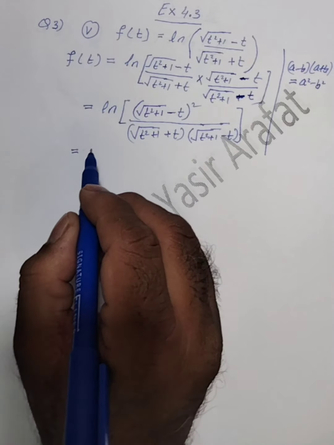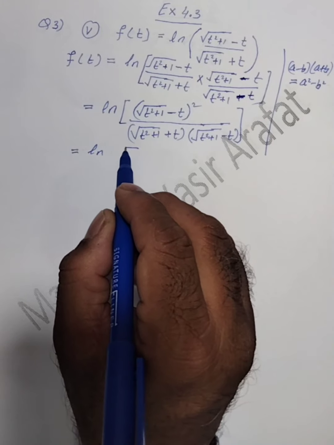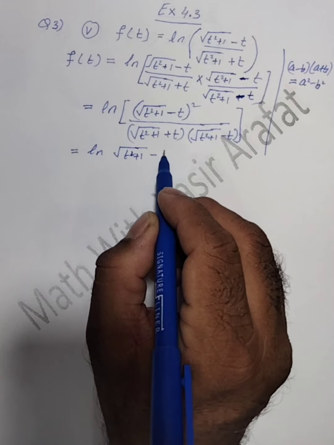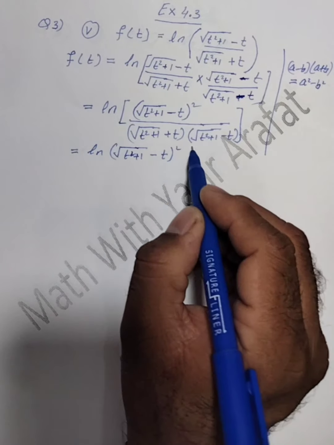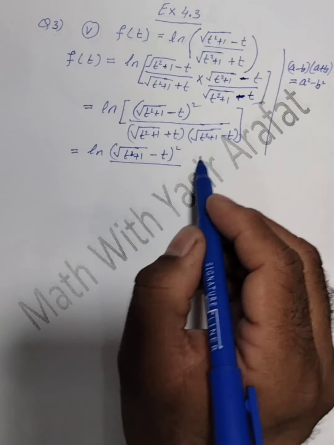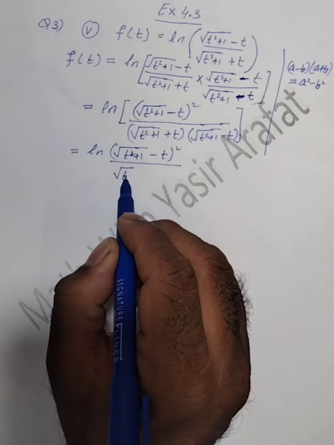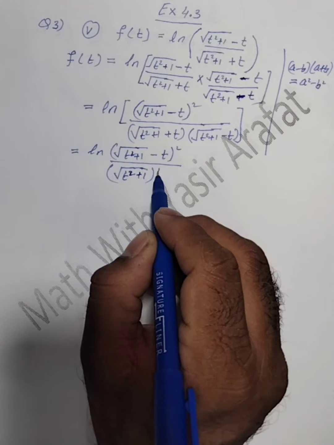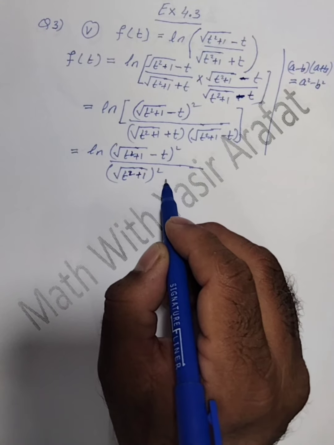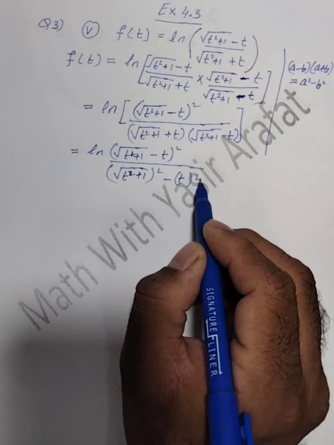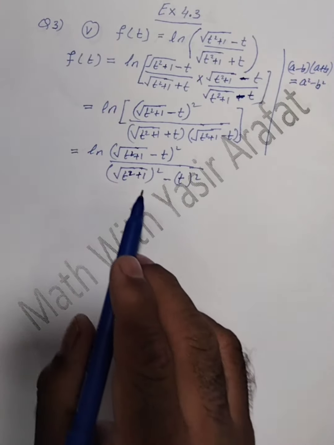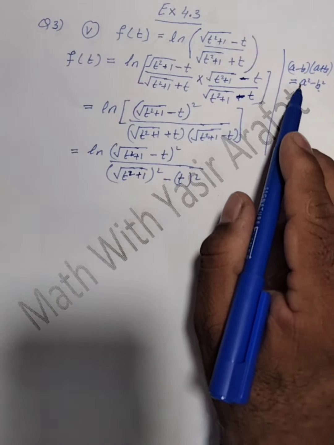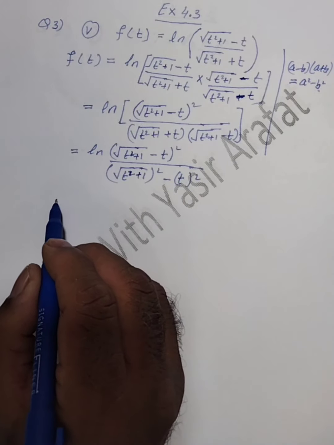This is ln of (radical t square plus 1 minus t) to the whole square, and in the denominator a square is radical t square plus 1 to the whole square, and b square is t square.